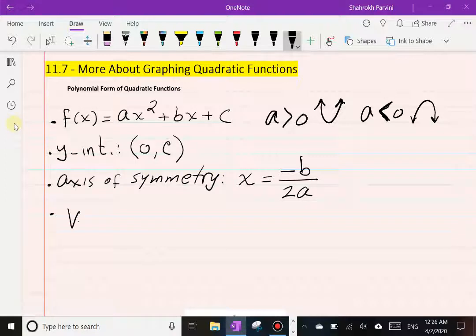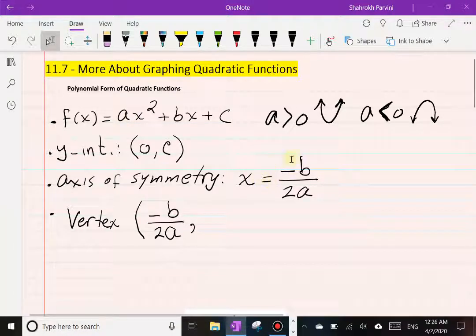To find the vertex, we have formulas. The x component of the vertex is negative b over 2a, no surprise, the same as the equation for the axis of symmetry. Remember, this axis runs through the vertex, so it has the same formula.